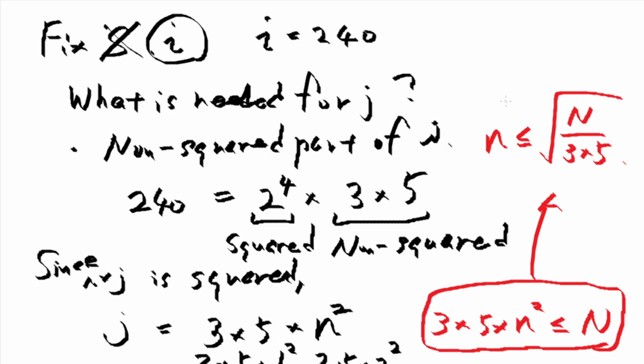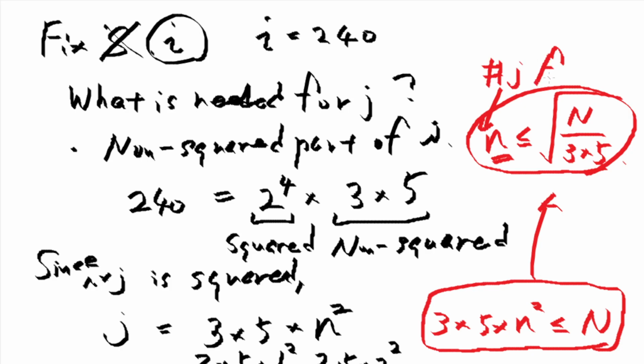For each i, we answer the maximal integer k which satisfies this inequality, because it is precisely the number of j for each fixed i. So this is the idea for the code.